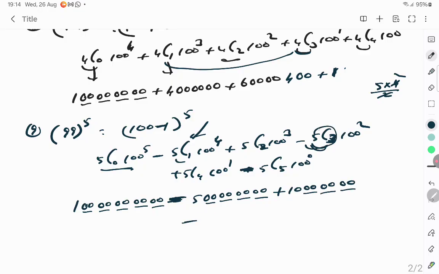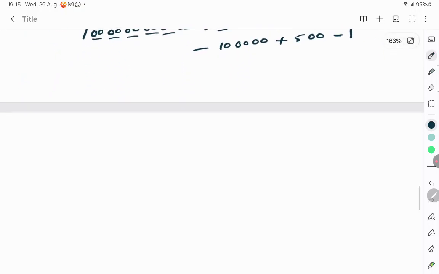Minus 5c3, which is the same as 5c2, already 10, so this is also 10 with 4 zeros. Plus 5c4, same as 5c1, which is 5, into 100, so 500. Minus 5c5 is 1, and 100 to the power 0 is also 1. Just solve it and you get the answer. Make sure you remember to put the alternating negative signs. Let's go to the 10th question.